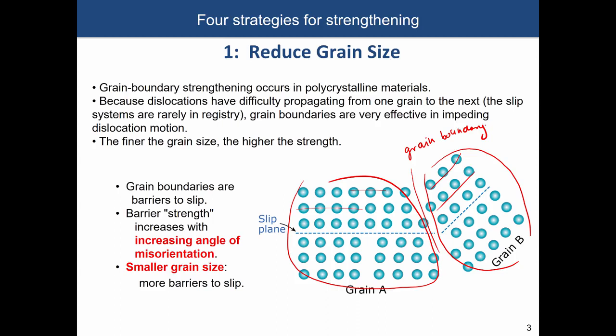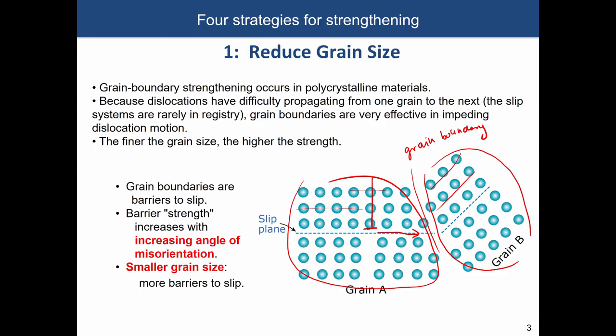But the reason why a polycrystalline material is stronger than a single crystalline material is that if you want to plastically deform a material, the process involves slip of the dislocations. So you have one particular dislocation in grain A, and when you apply a stress onto the material, the dislocation will move, let's say in this direction.